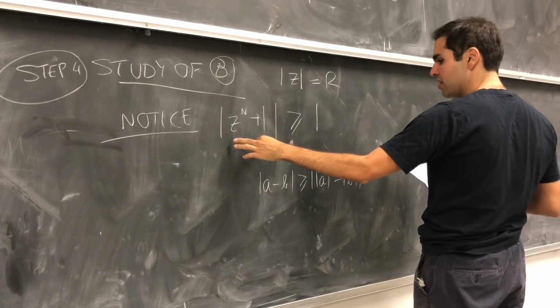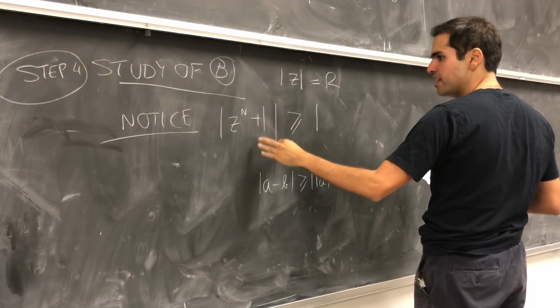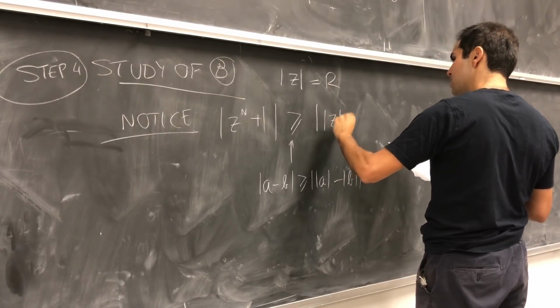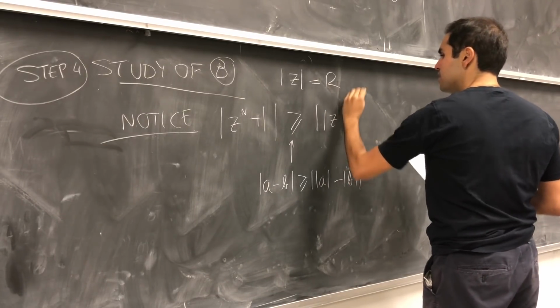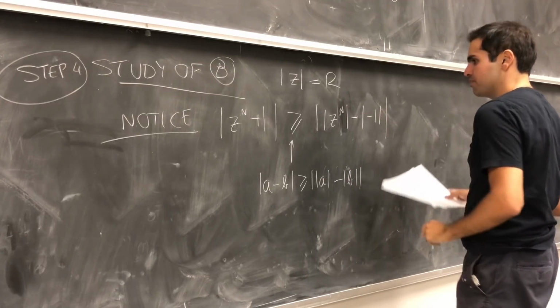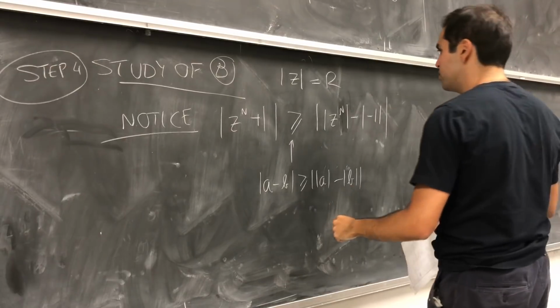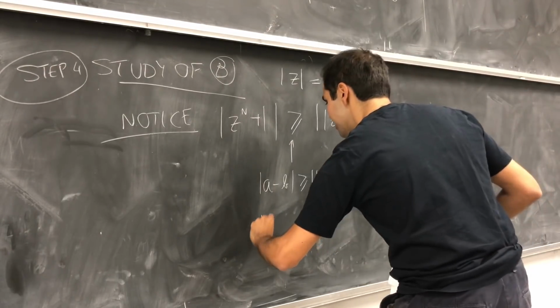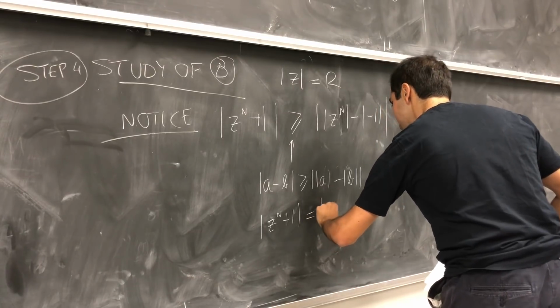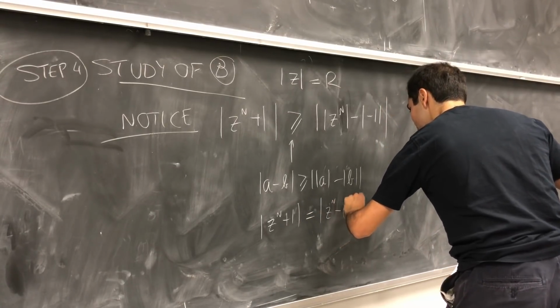So in particular, the modulus of z to the n plus 1 is greater or equal to the modulus of z to the n minus 1. Here you just use the fact that z to the n plus 1 is z to the n minus negative 1.